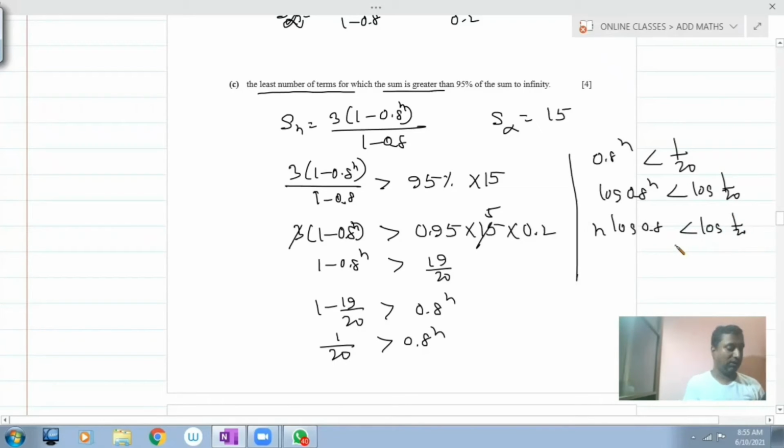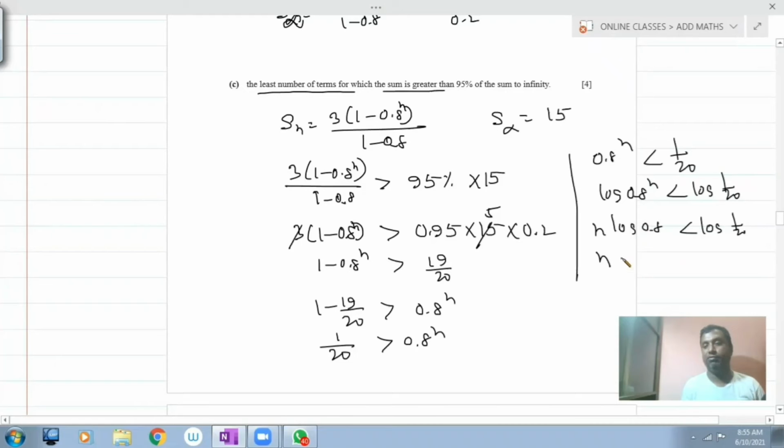Now let us check the value of log 20. Log 0.8 is negative.